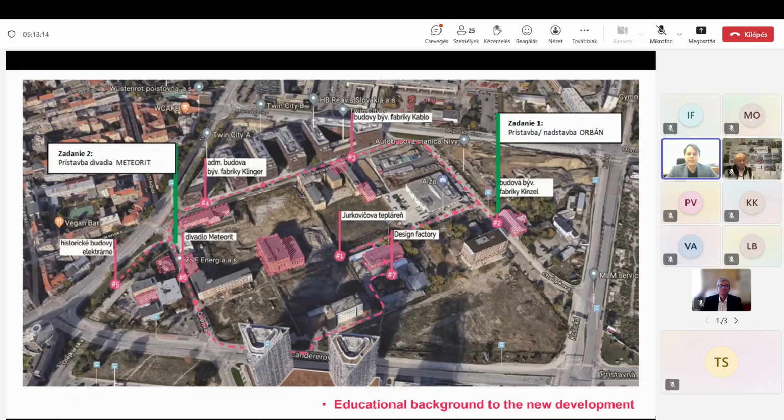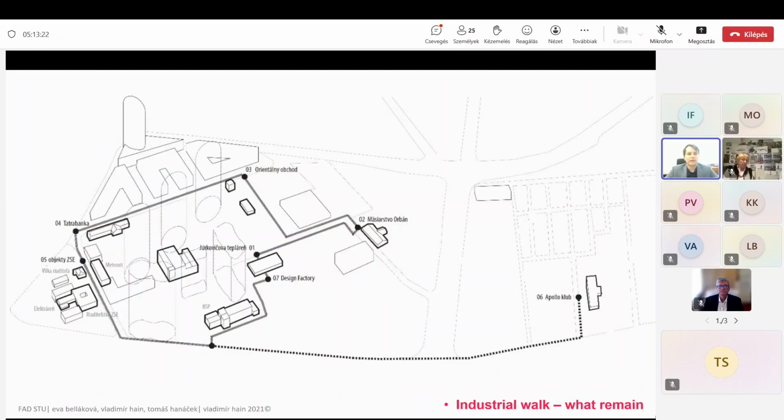Seven main buildings remained there, and it was still understandable. But after 5 years, the skyscrapers started growing up, and the industrial monuments remained in the middle, without visual context and without view.